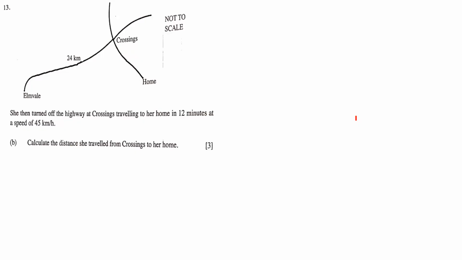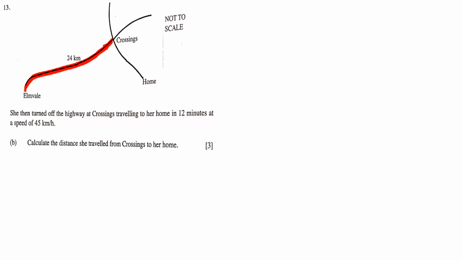So she turned off the highway at crossing, traveling to her home in 12 minutes at a speed of 45 kilometers. So she's traveling 24 kilometers from, I know I said Elmvale, but some people might pronounce that Elm Valley. I don't know the correct pronunciation, to be honest, but that's besides the point.